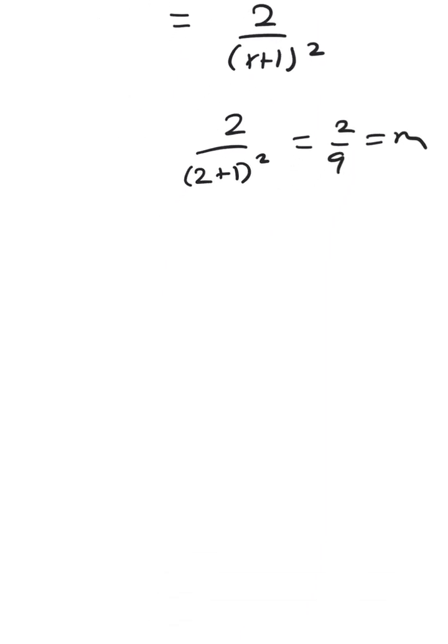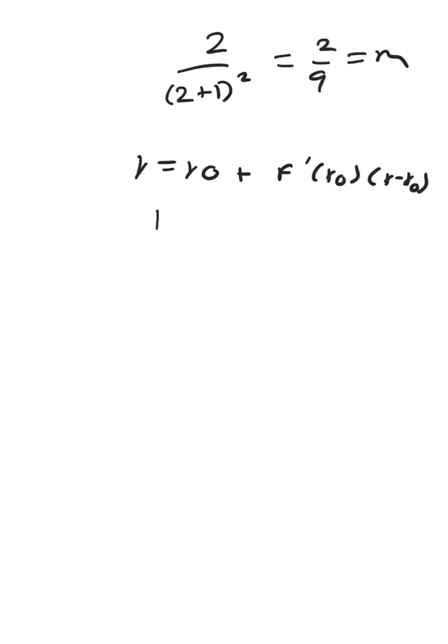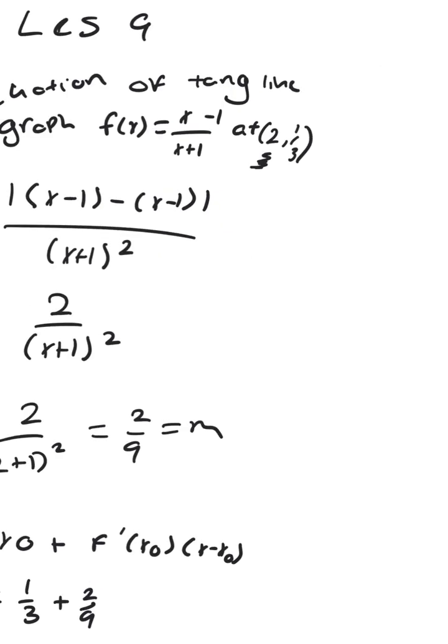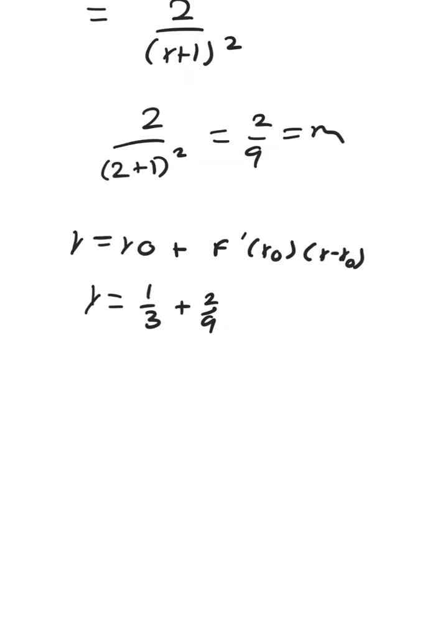Now we plug it into the equation that I just used in the last problem, which is y equals y0 plus f prime of x0 times x minus x0. Plug in our numbers: 1/3 plus 2/9 times x minus 2, where the 1/3 is the y from our ordered pair.